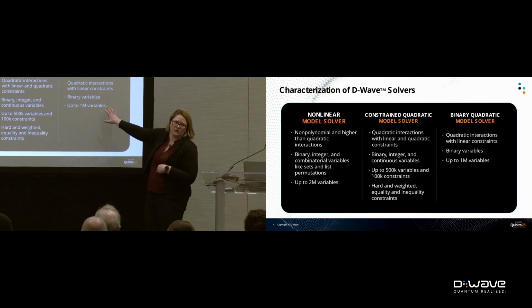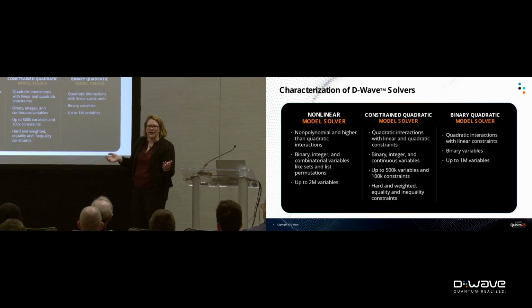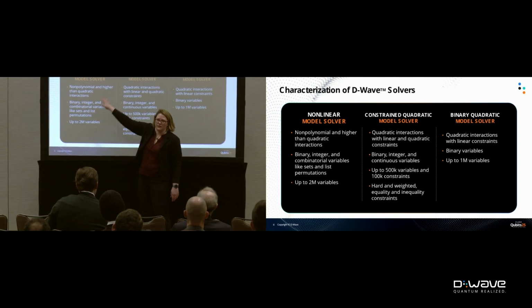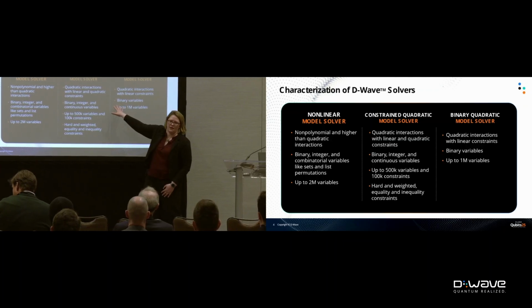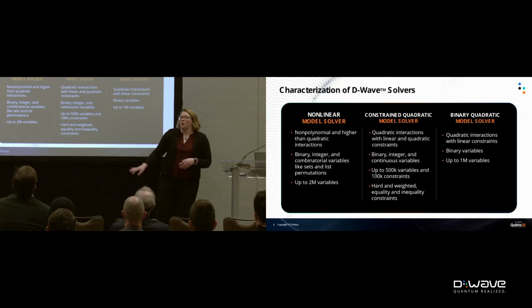The binary quadratic model solver, 1 million variables. So different flavors based off of the problem that you're looking at. Again, today, we are going to be talking mostly about the nonlinear model solver. There's a massive amount of documentation about these on our website. I encourage you to go check those out if you want to know more.